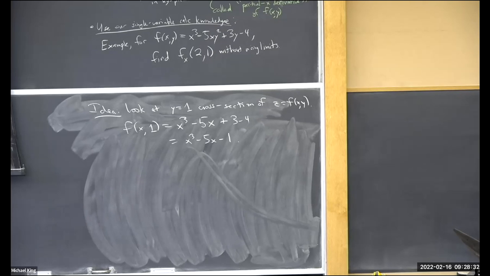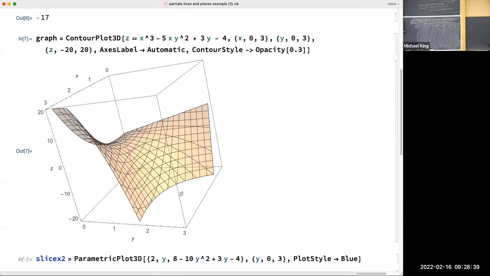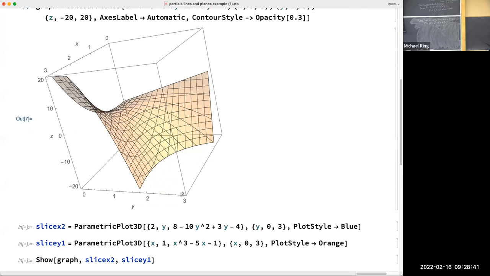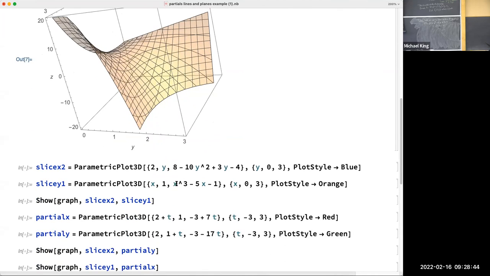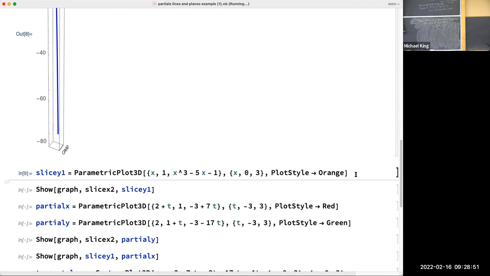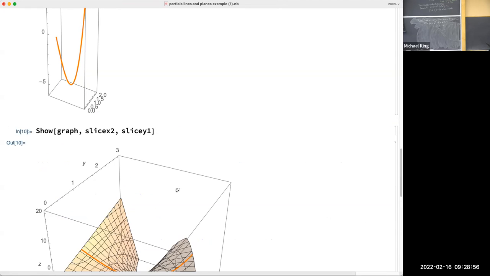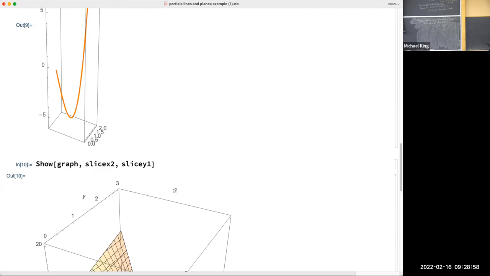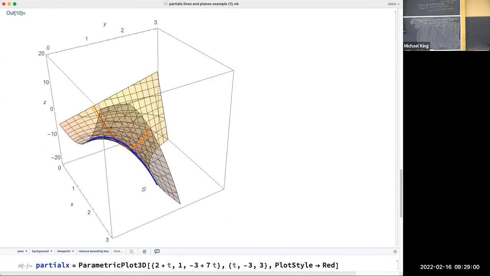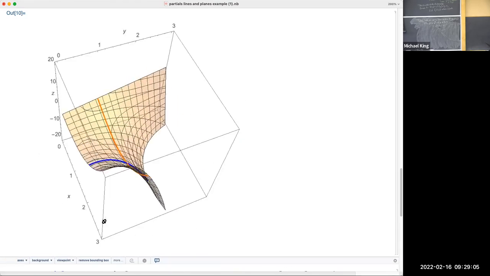Yeah, but actually, let me share a screen for a second. Go back to this graph here. Notice here, I actually have x cubed minus 5x minus 1. This is gonna look stupid, but let me just run these commands real fast. So basically, I think the orange one is the y equals 1 slice of this graph.